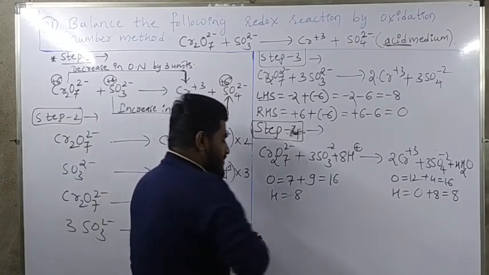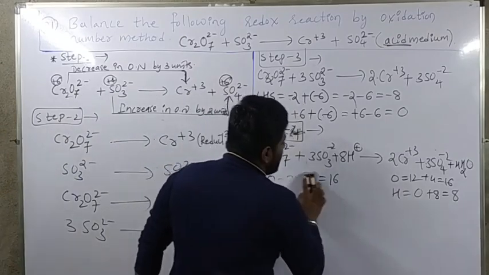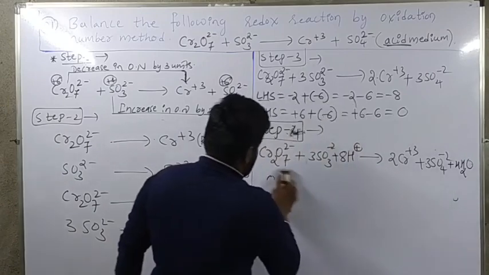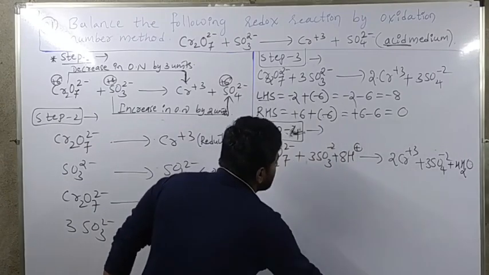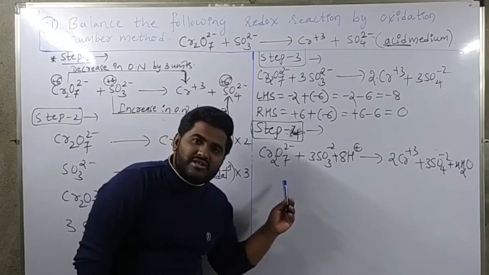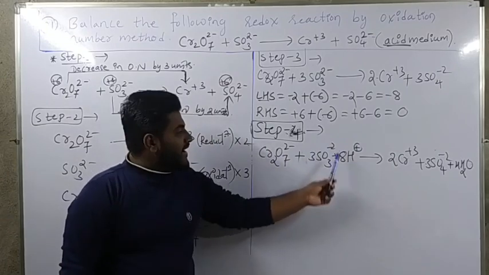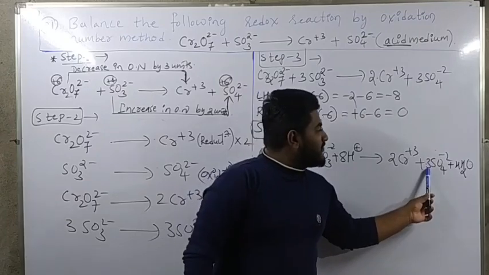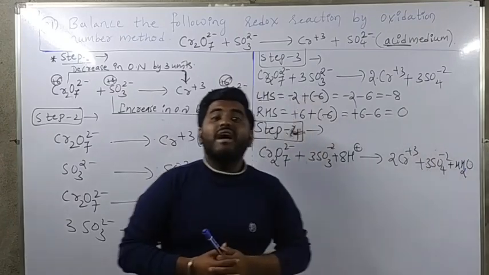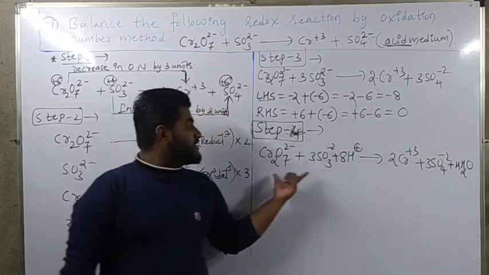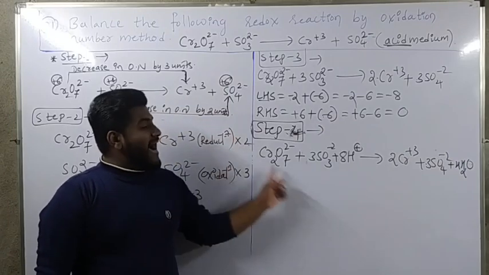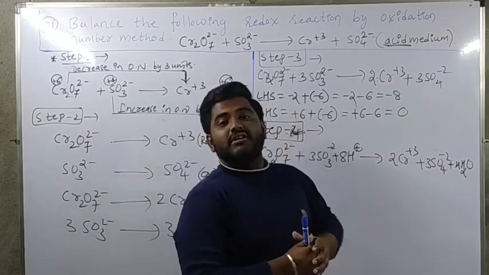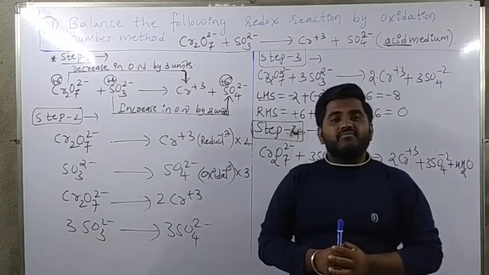So this is a balanced chemical equation in this case. What is the answer for this question? Cr2O7 2 minus plus 3SO3 2 minus plus 8H plus gives 2Cr 3 plus plus 3SO4 2 minus plus 4H2O. This is the balanced chemical equation for the given question, guys.